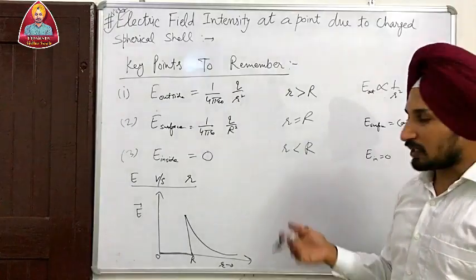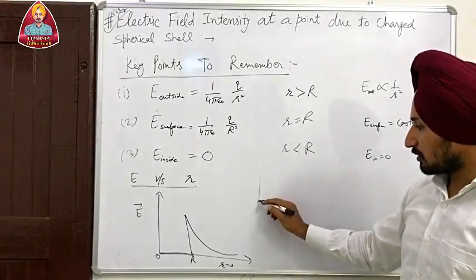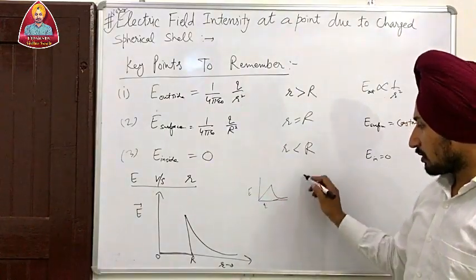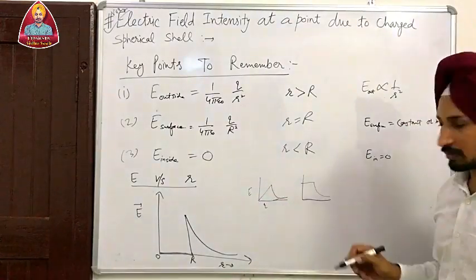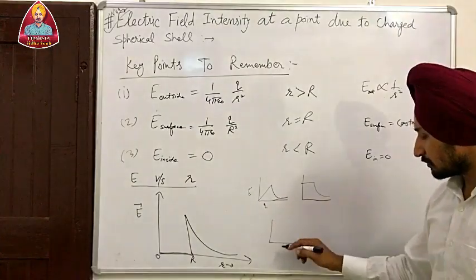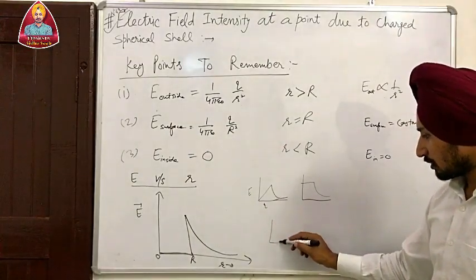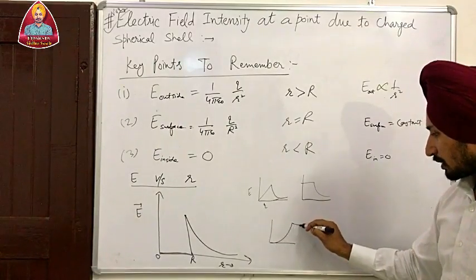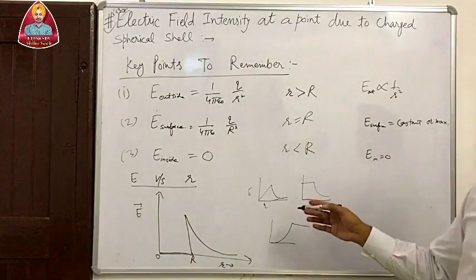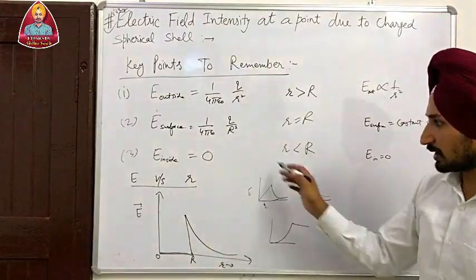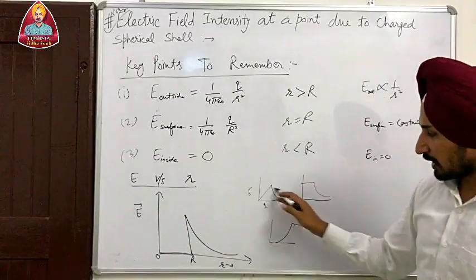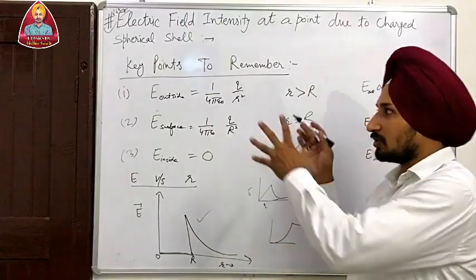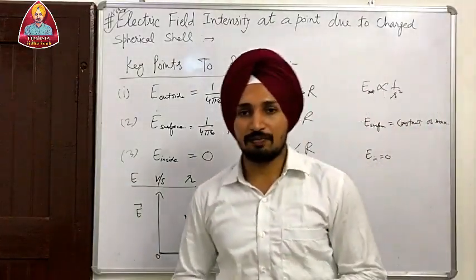You may be given other options like this, and this, and this. If you have to choose the right graph, you have to neglect all these and take the exact graph for the electric field intensity due to a spherical shell.